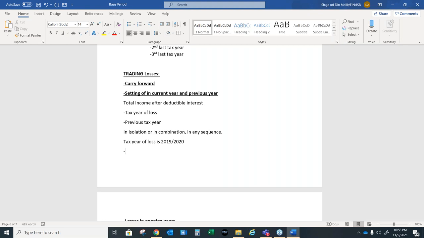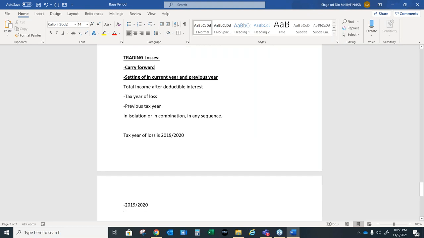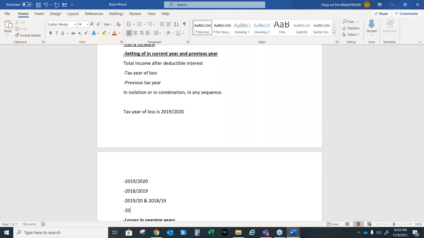Okay, so it says tax year of loss only. So it can be 2019/20, or 2018/19, or 2019/20 and 2018/19, or 2018/19 and 2019/20.